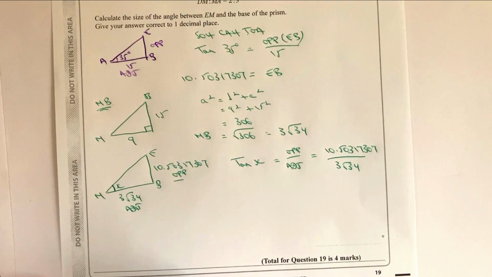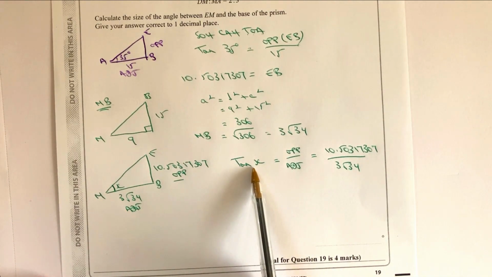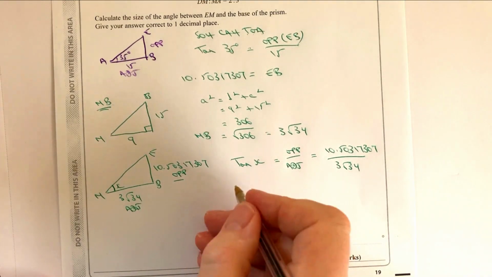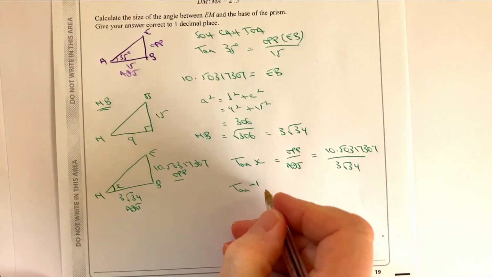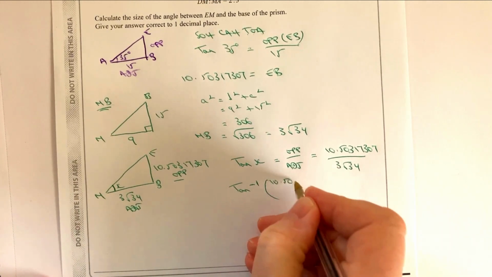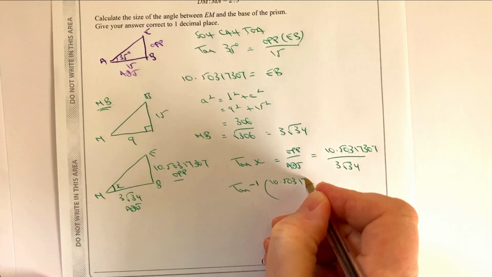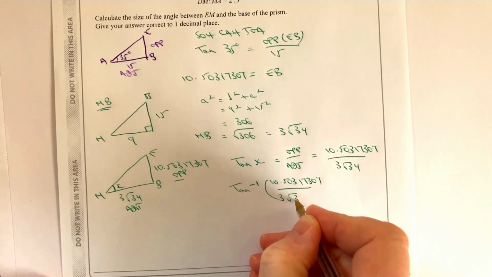Put that into a calculator, but don't forget that what this will give you is the tan value. So actually what you need is the inverse trig. So it's tan to the power of -1, and then 10.50317307, all divided by 3 root 34.